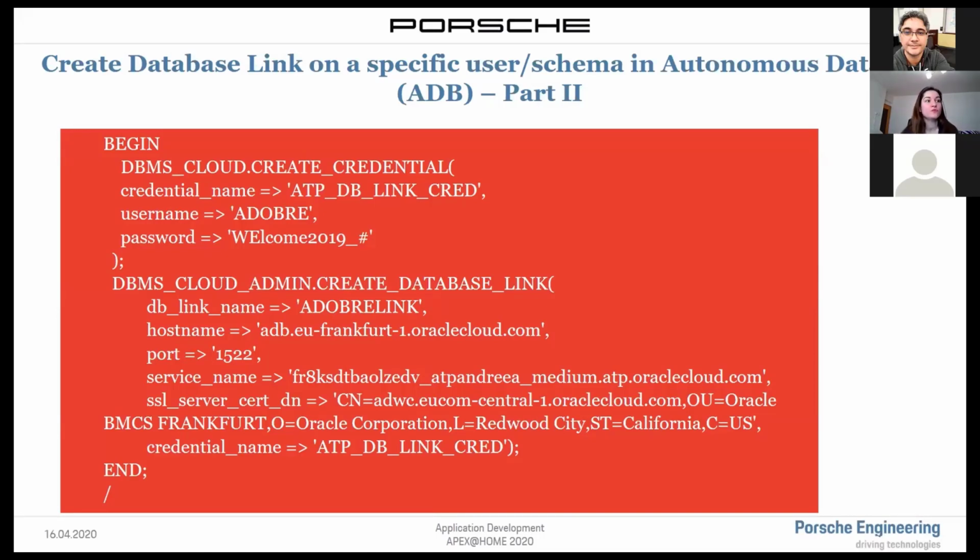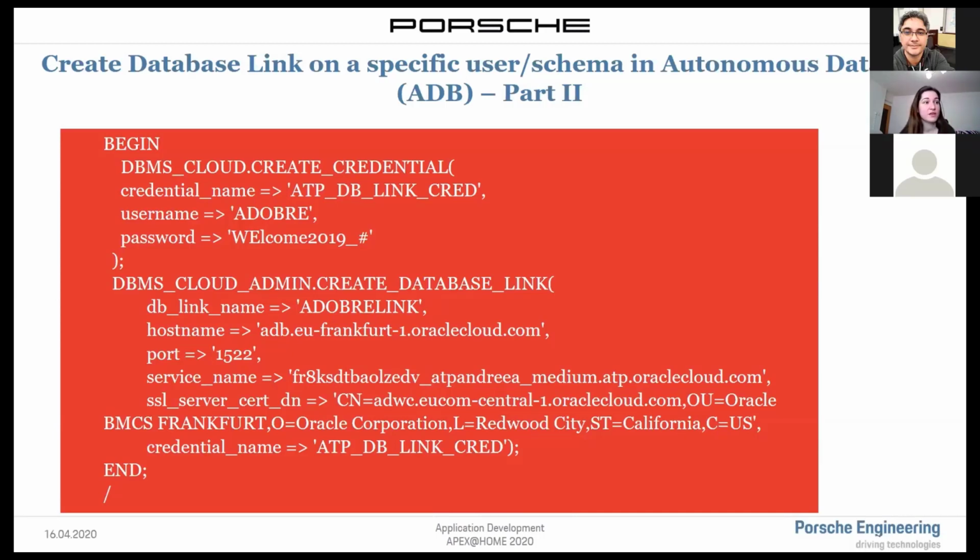Afterwards, we only need to perform the create database link statement, and we can provide whatever name we would like. We need to provide the host name, which we find in the tnsnames.ora. We provide the port. In Autonomous database, we have a port range between 1521 and 1525.